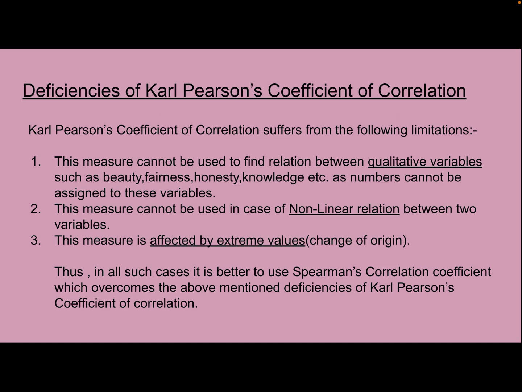So, in case you change the origin of the data, your Karl Pearson's coefficient of correlation value will also get affected. Thus, in all such cases, it is better to use Spearman's correlation coefficient, which overcomes the above mentioned deficiencies. But since Spearman's correlation is not in our syllabus, we will wind up with only the deficiencies.